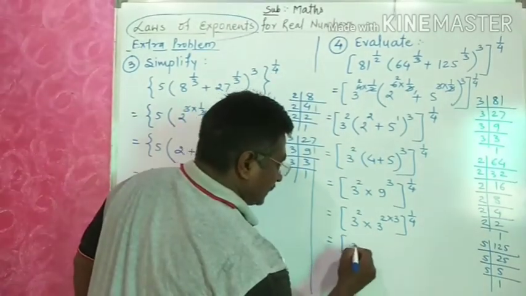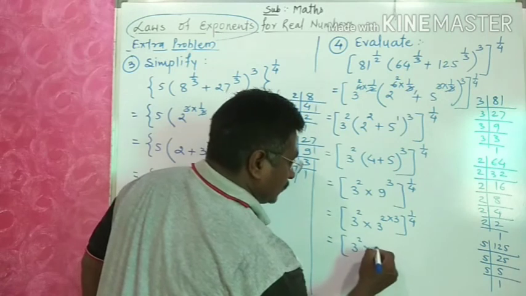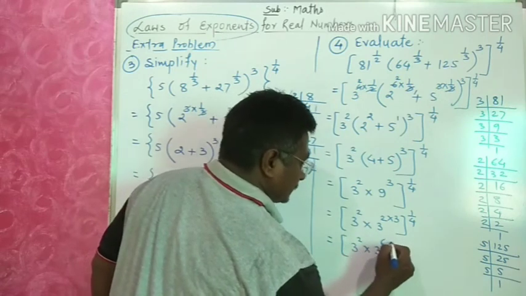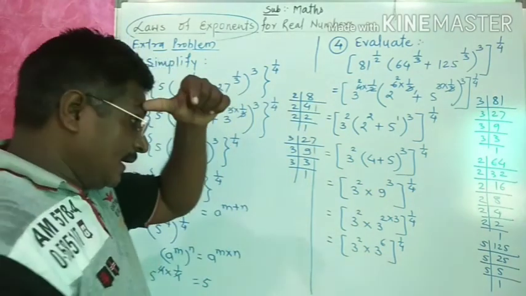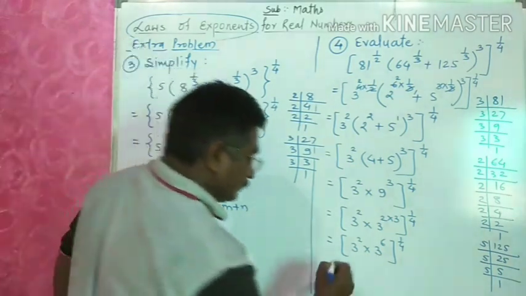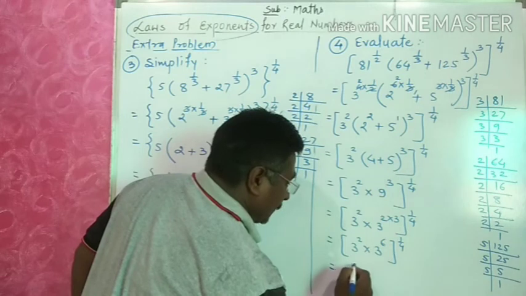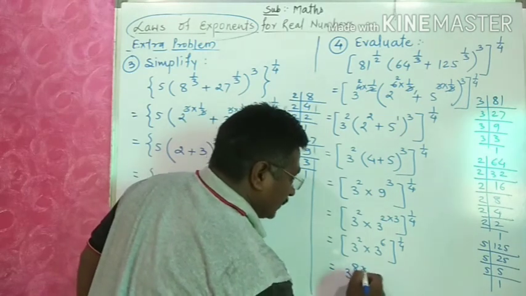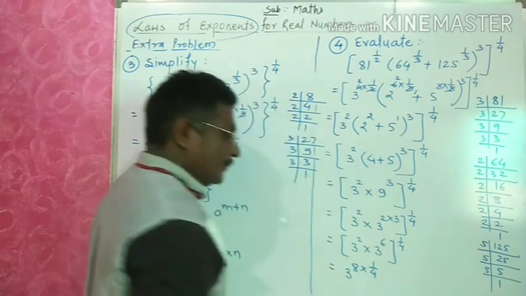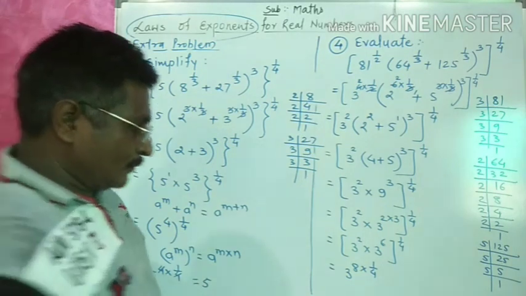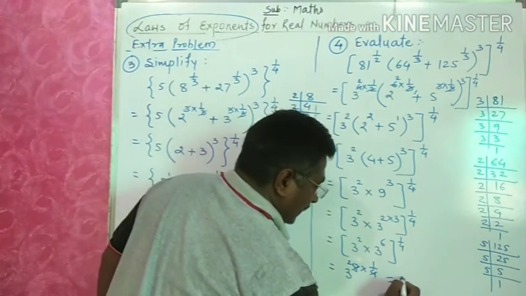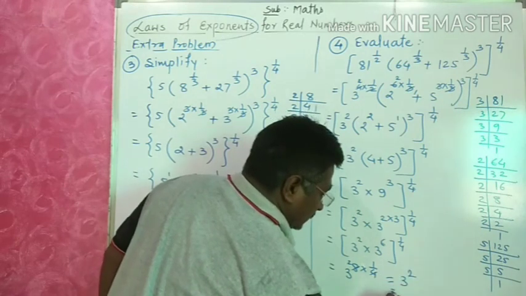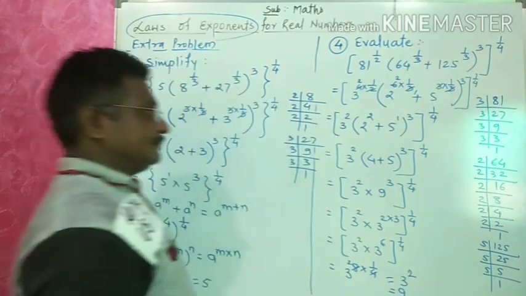So what will we get? 3 square into 3 raised to the power 6, 1 by 4. Now bases are same, add the powers. So 3 raised to the power 8 into 1 by 4. So 4 ones are 4, 4 twos are 8. So we will get 3 square. 3 square means 9.